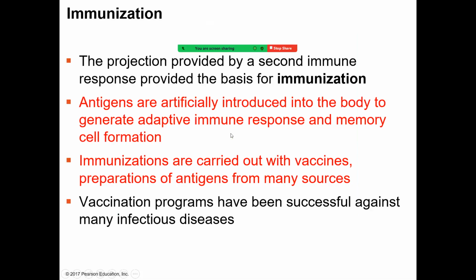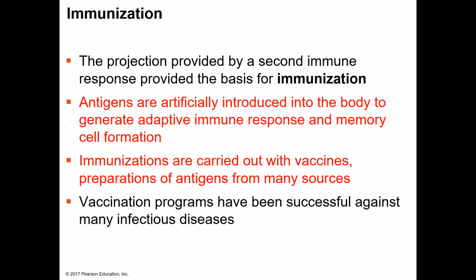Okay, so we talked about antigens and the fact that each antigen has a specific region called an epitope, and that epitope is what is going to be recognized by the immune system.